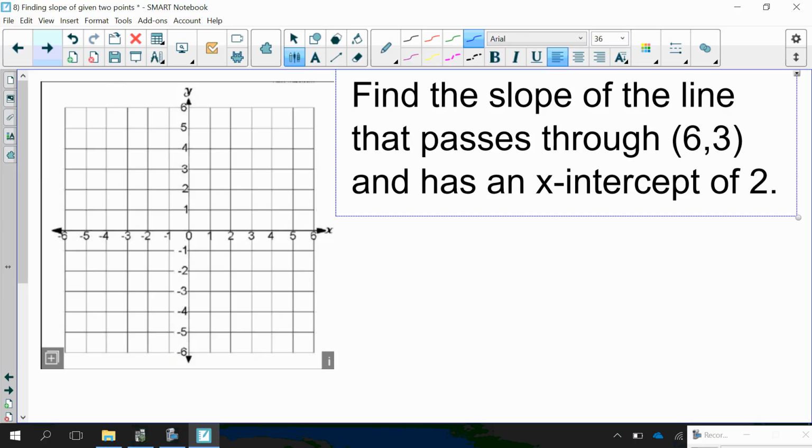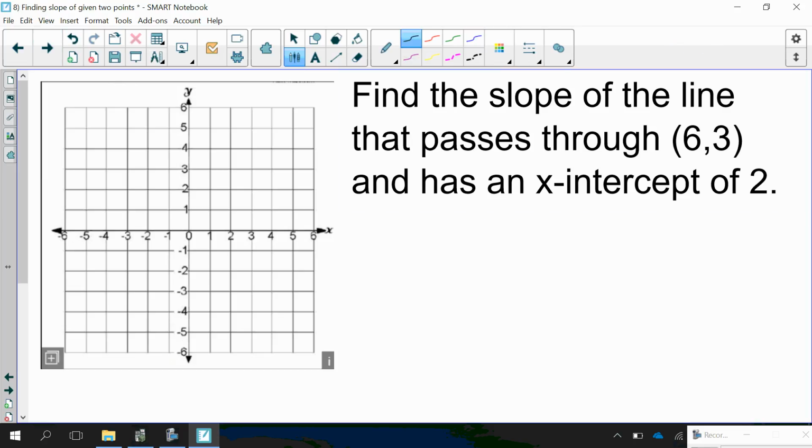Find the slope of the line that passes through 6, 3 and has an x-intercept of 2. So it crosses the x-axis at 2. Draw my line through it. That is a positive slope. Create my rise and create my run.